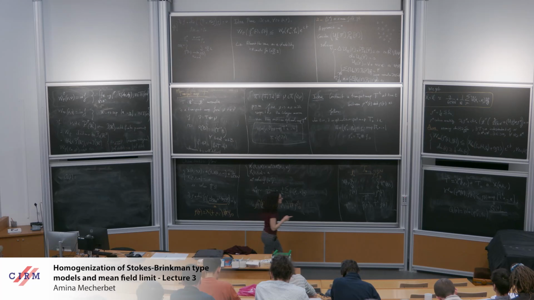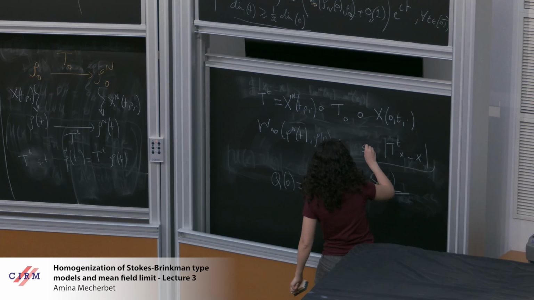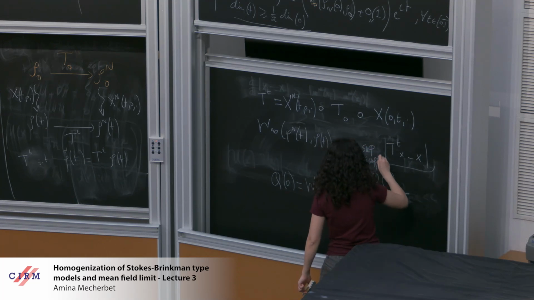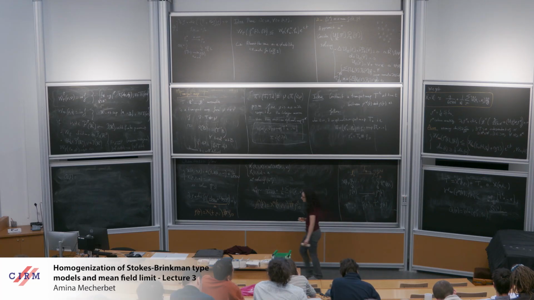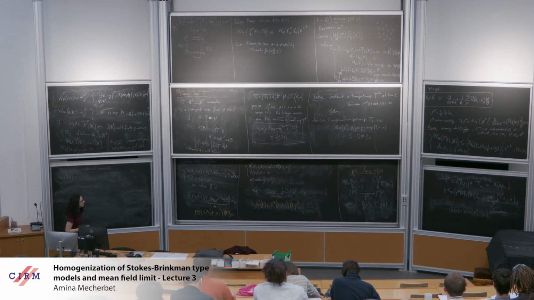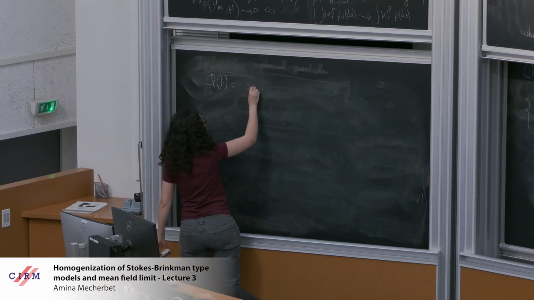For simplicity, instead of taking the essential supremum, I will just take the sup for x in the support of rho t. So it's even larger, but still it bounds the infinite Wasserstein distance.